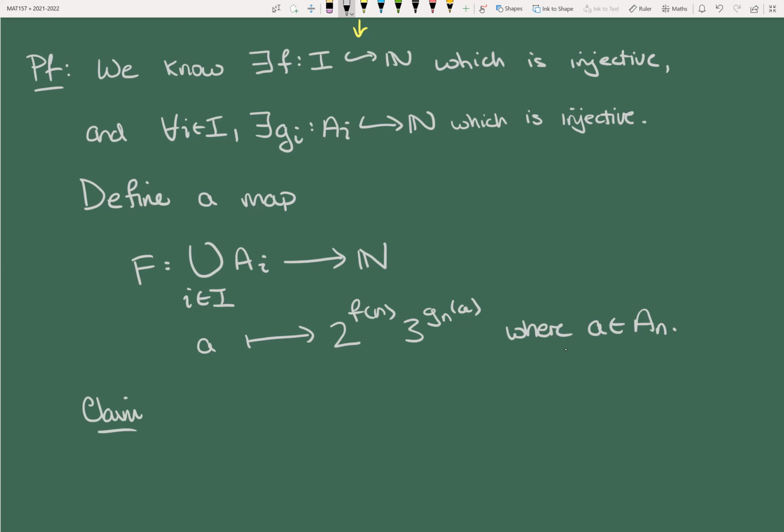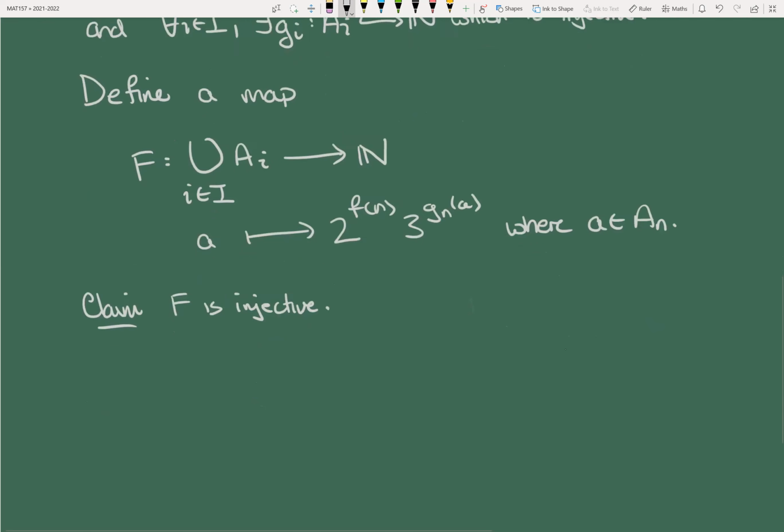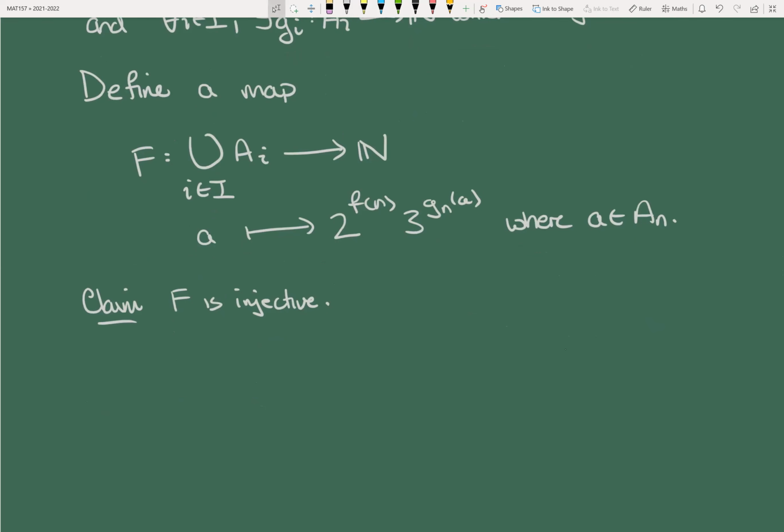And why? Can anyone just tell me in basically one sentence why this map is injective? Yeah, because each number has a unique factorization into primes. 2 and 3 are prime numbers, right? Exactly.